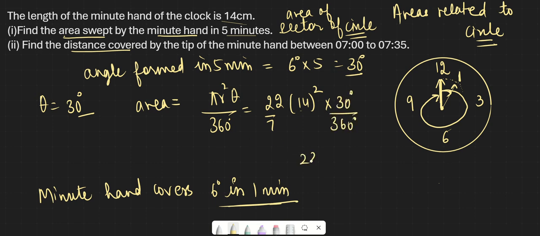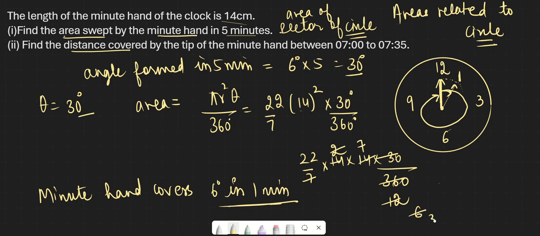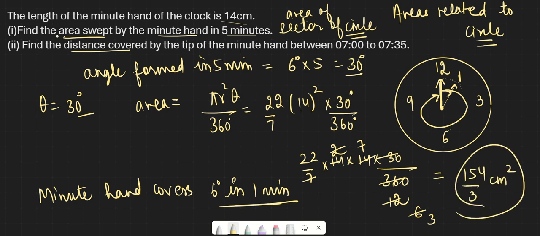Let's solve this: 22/7, 14 into 14, 30 by 360. 7 2s are 14, 30 12s are, and from here I will take it as 6, and from here 7, and this would give me 3. So it would be 154/3 square centimeter because it's area. The most important thing is 6 degrees in 1 minute.